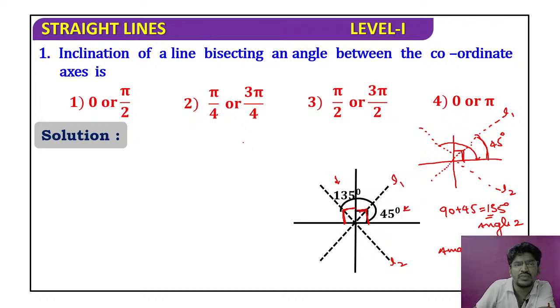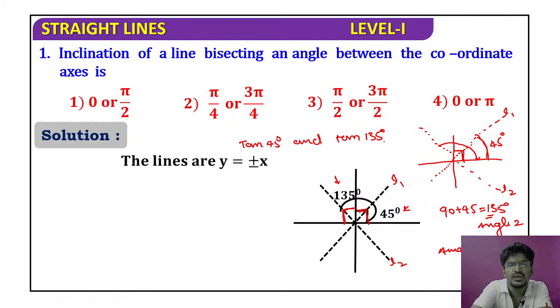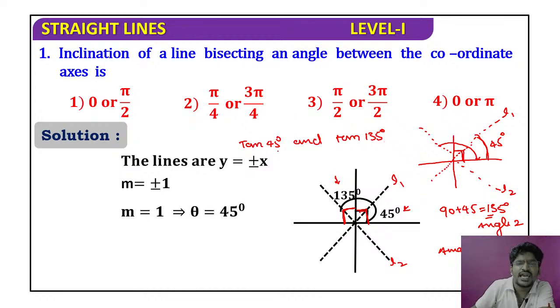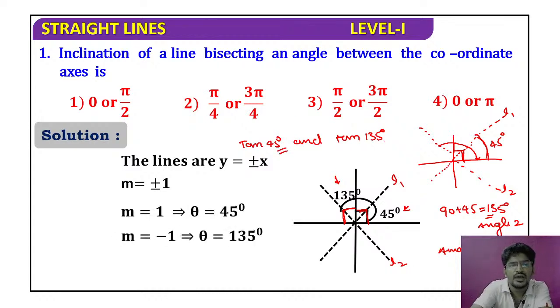So that is nothing but tan 45 and tan 135 degrees. Are you getting my point? So therefore your answer will be: slope is plus or minus 1. That is angle 45 degrees and the other angle is 135 degrees.